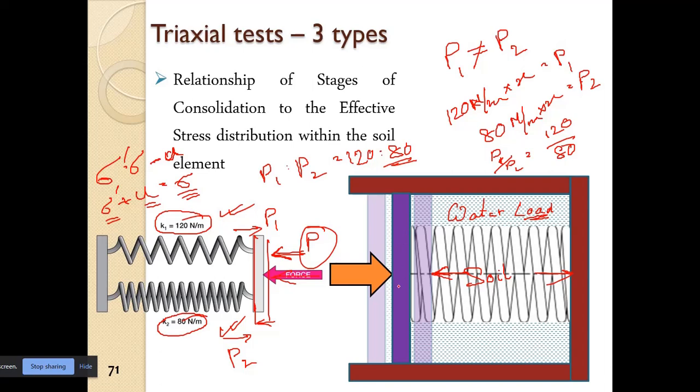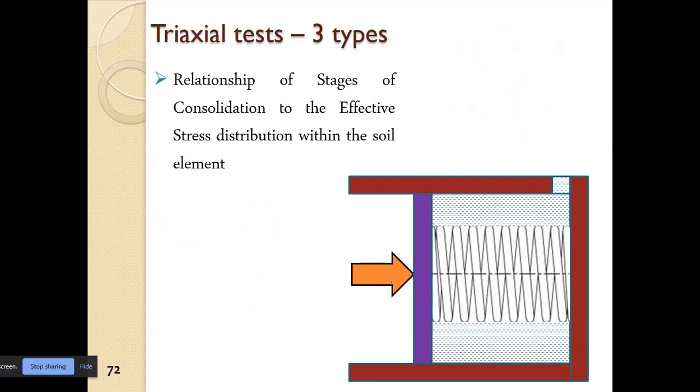Now, up till now we have been applying only compressive load. Let us discuss what will happen when, suppose, we have applied a load, and the soil has consolidated, or the spring has compressed, up to a certain point. Initially the piston was in this position.